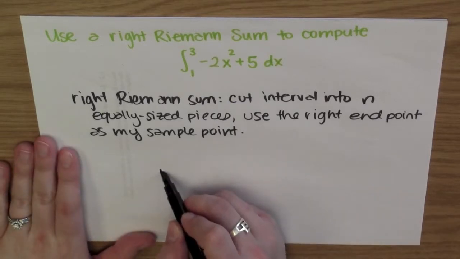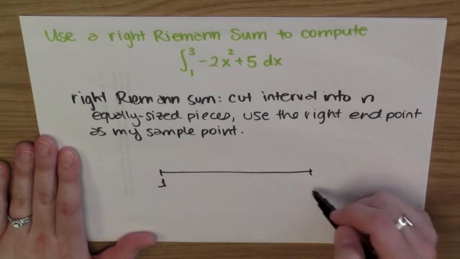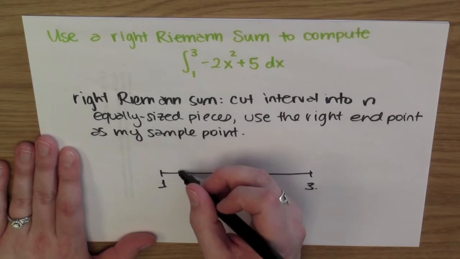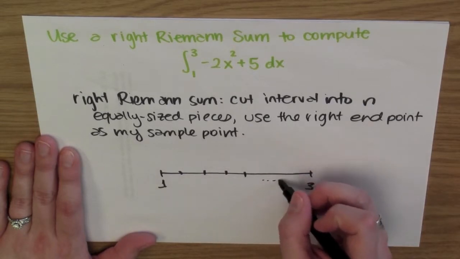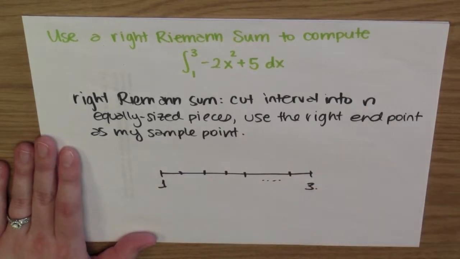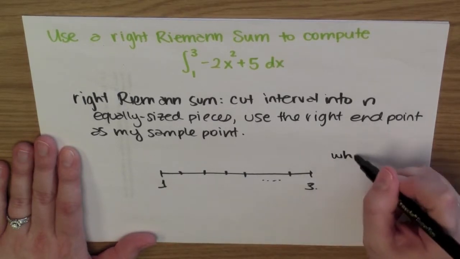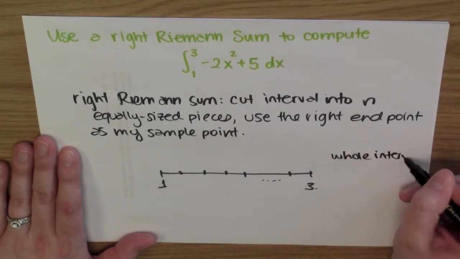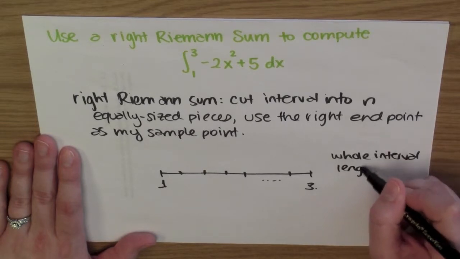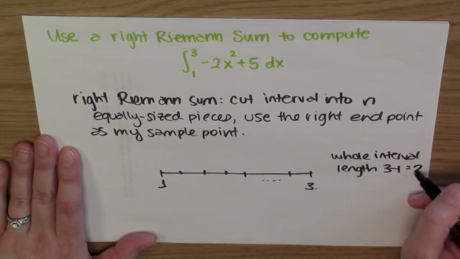Okay, so if I look at the interval from 1 to 3, I want to chop this up into n different subintervals, like so. The whole interval has length 3 minus 1, or 2.